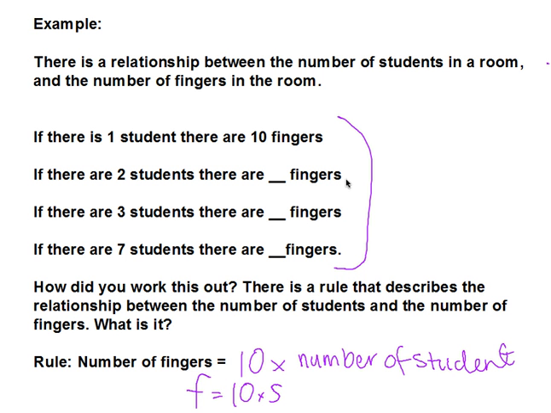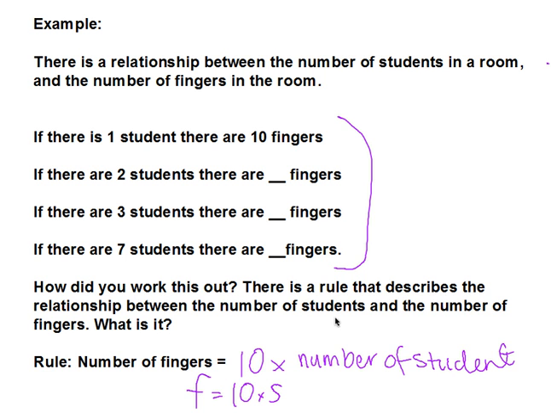If there's 2 students in the room, we know there's 20 fingers in the room. If there's 3 students, 30, 40, etc. So there is a relationship between the number of students and the number of fingers. If the number of students changes, then the number of fingers changes.